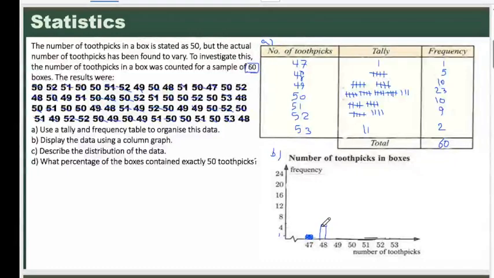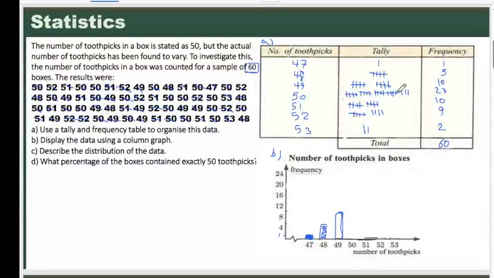And for 49, I have 10. So I will go for 10. Let's get 10 here. I'm going to draw a column bar graph. For the column graph, I draw a column here.